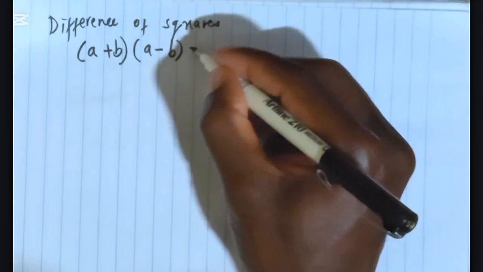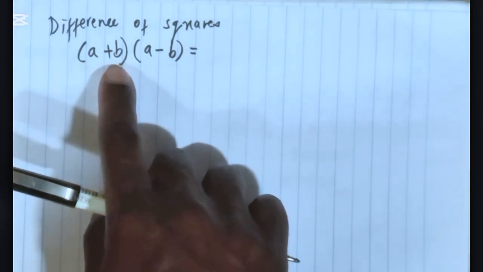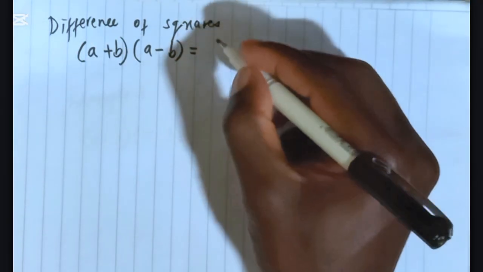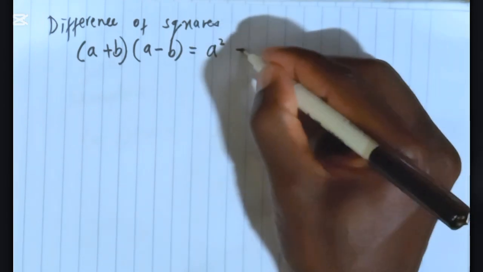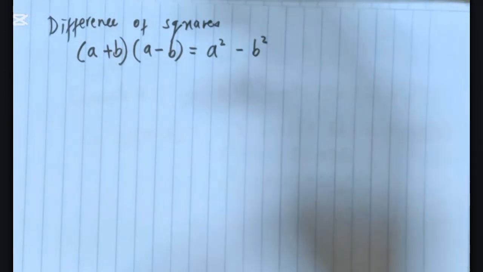This particular formula requires that whenever you have a plus b times a minus b, your answer will always be a squared minus b squared. Why don't we look at an example and see how that actually happens?